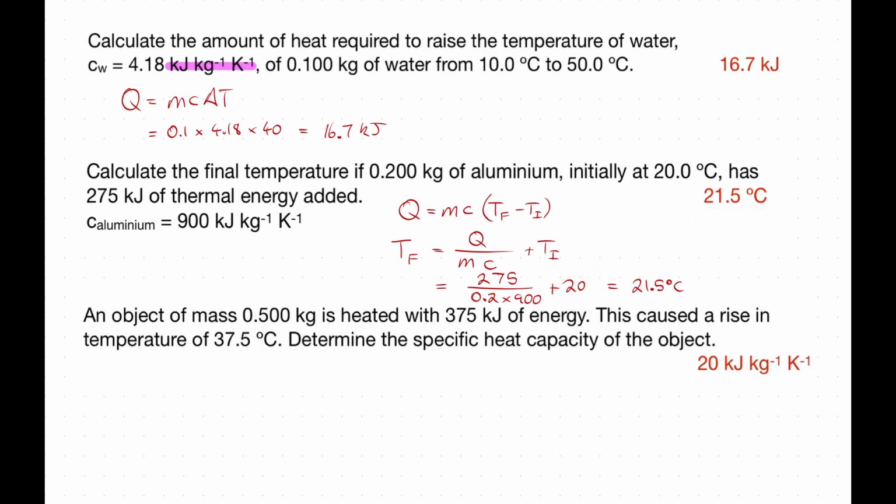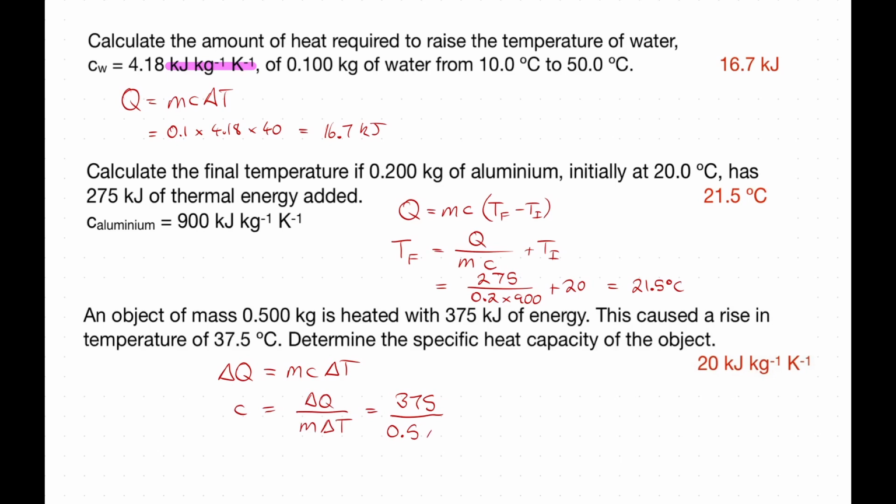For our final question, we're going to determine our specific heat capacity. So this one is going to be our change in Q is equal to MC and our change in temperature. We're solving for our specific heat capacity, so our specific heat capacity is then going to be our change in Q divided by our M delta T, which is then going to be equal to 375 divided by 0.5, and we caused a rise in temperature, so this is actually our temperature change.